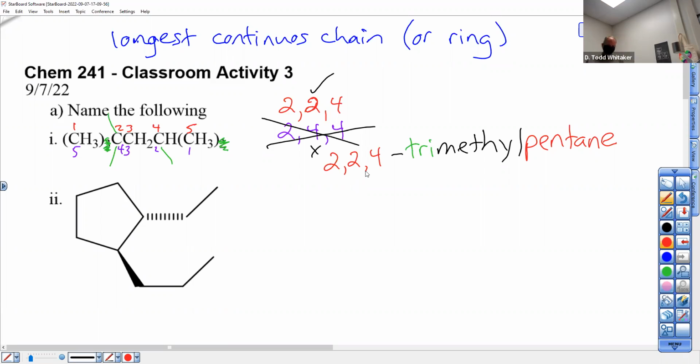Now the next one, there's no chain, but there's a ring. And how many atoms are in the ring? There's 5. And the other carbons that didn't get a number are groups.